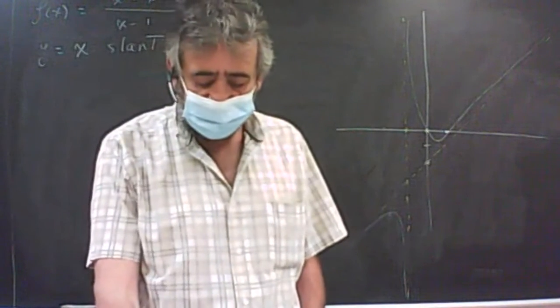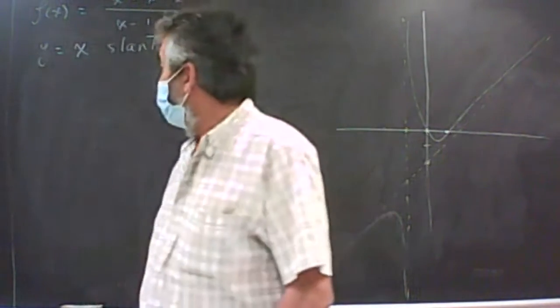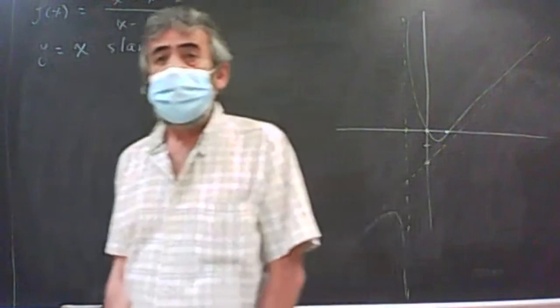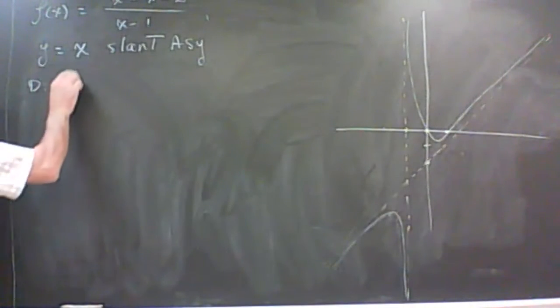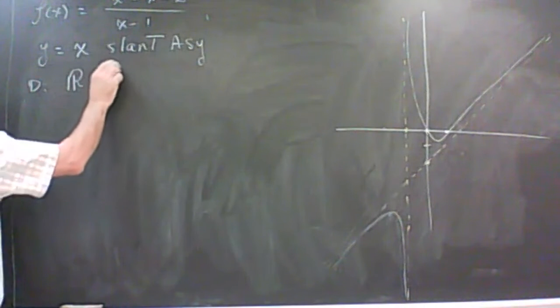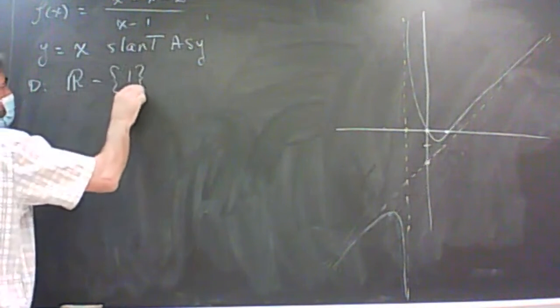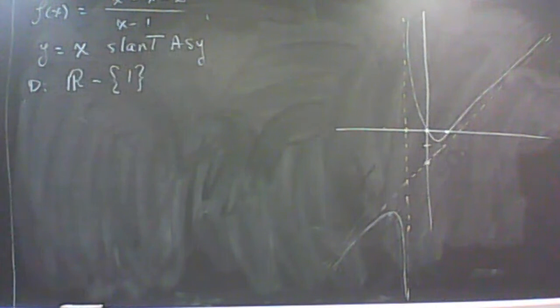So let's go ahead and continue with that. So now, what is your domain? R, take away which number? 1. Is x equal 1 a vertical asymptote?